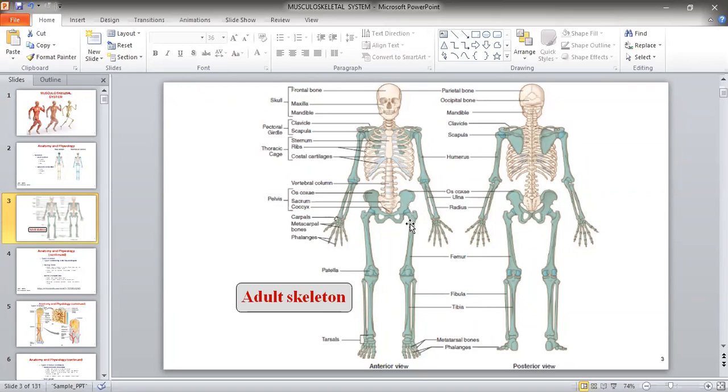And this is the lower extremity, basically made by the femur, fibula, and tibia, right? And this is one of the biggest joints, the knee joint. The small bone in the knee joint is called the patella.